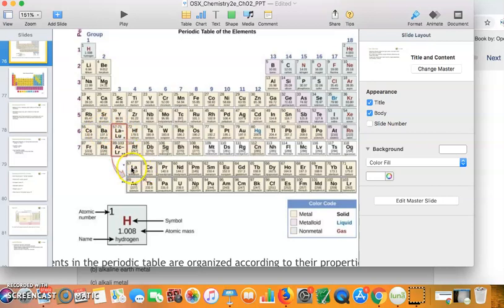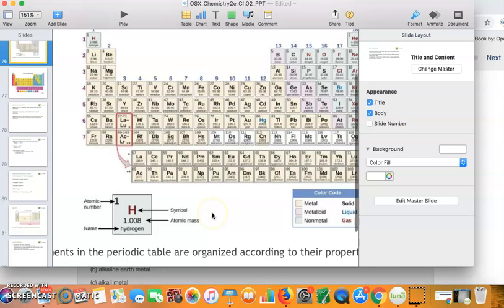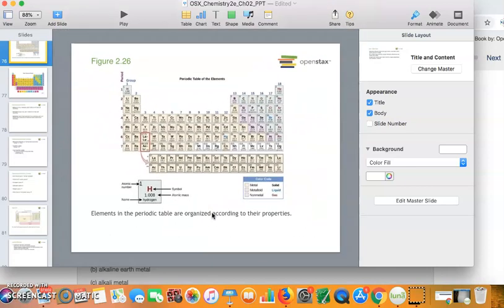So 56, and then it goes to 57 all the way to 71. Then it picks up here at 72 all the way to 85, then 86, then 87, 88, and then 89 through 103 is the actinide series here. Then it goes back here to 104 and 105, all the way to 118. I wanted to show you where the lanthanide and actinide series fit into the periodic table.